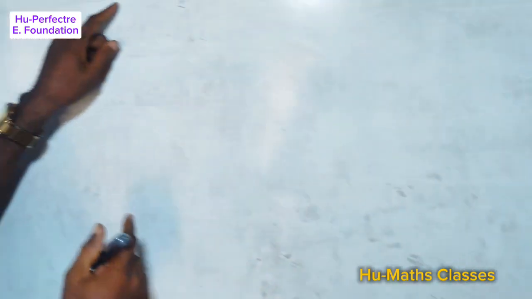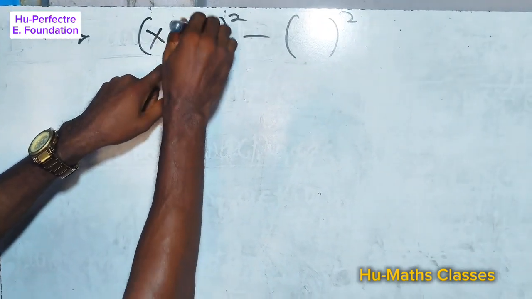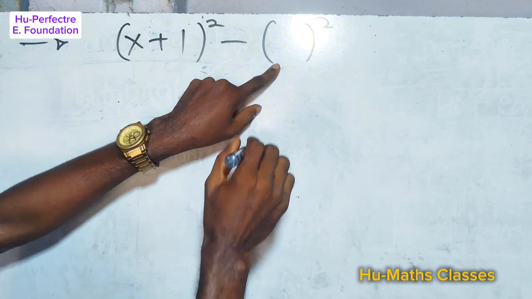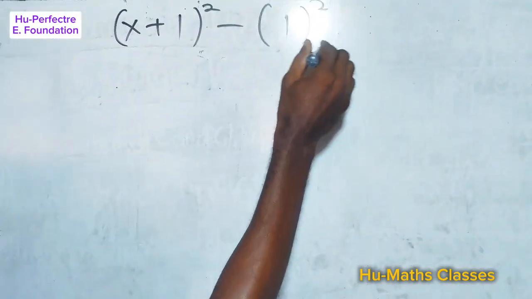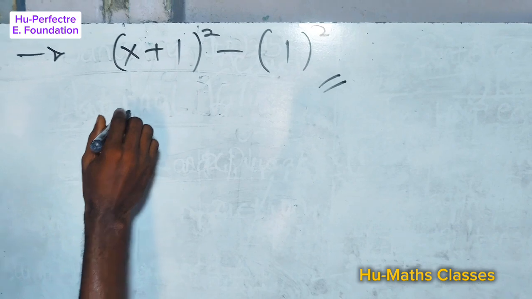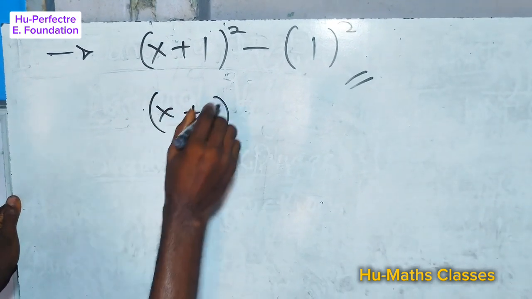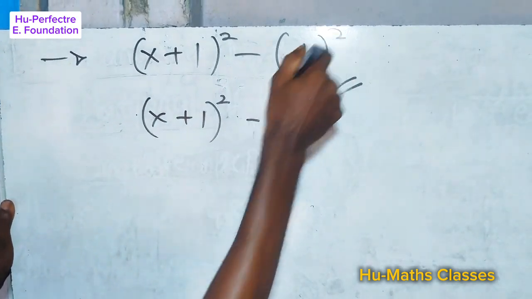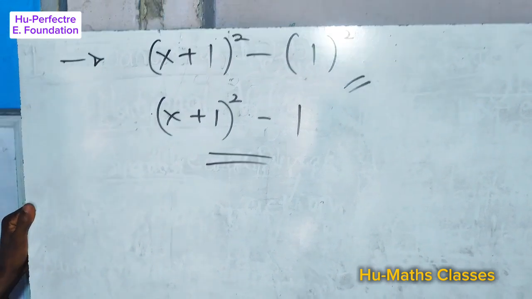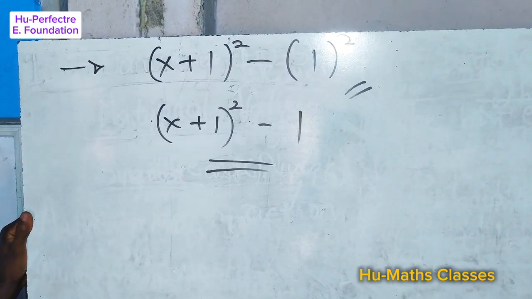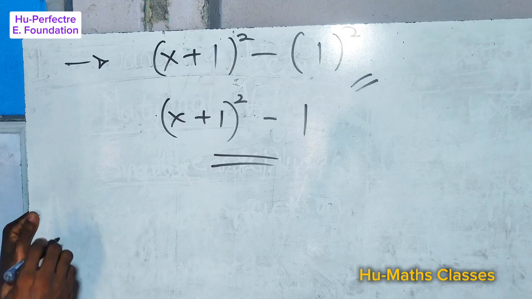So in the first bracket you have x plus 1, and in the next bracket you write only the coefficient of that second variable. So here is the perfect square. You can express it further as x plus 1 all raised to the power 2 minus 1 times 1, which is 1. So here's the final result. Let's quickly solve another problem to help you understand better.